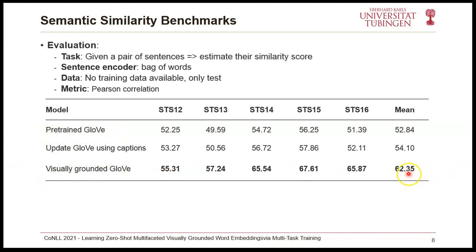Overall, considering the mean score, we boost the performance by up to 10%. We also did an interesting experiment where we resumed updating the GloVe embedding on the captions only, without any images. Even though we still get some improvement, it's not comparable to the case where we have the images involved.